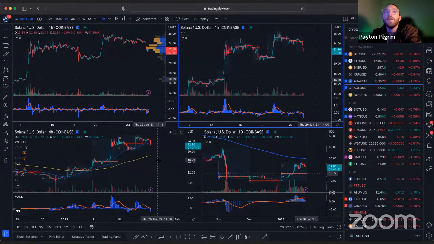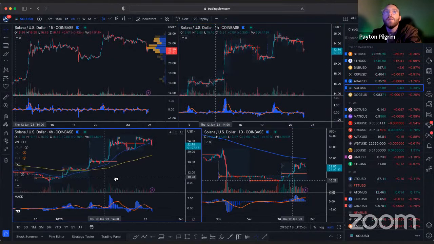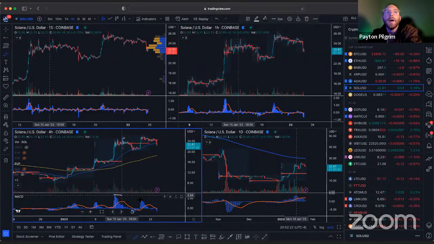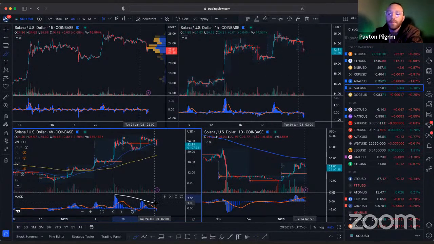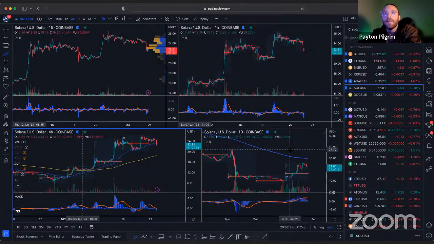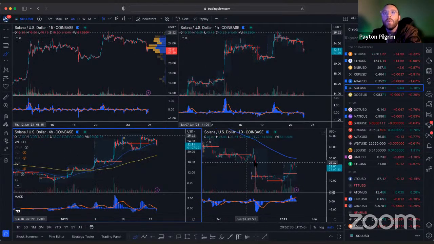Solana. This is another one that has almost a perfect look to it for the parabolic. And at the top of the parabolic patterns, there's always going to be divergence every time. That is a fact. Man, this would be wild.